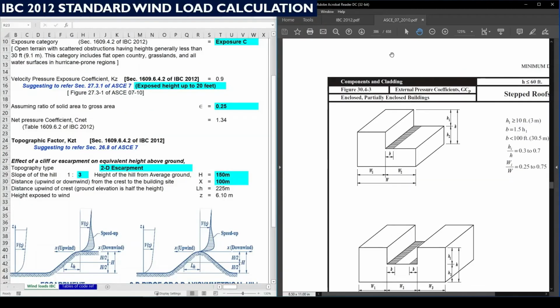So in this ASCE 7-10 we need to find out the topography factor Kzt. For that, page number 299 is to be referred.